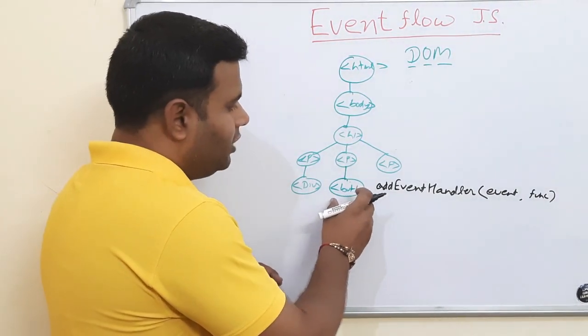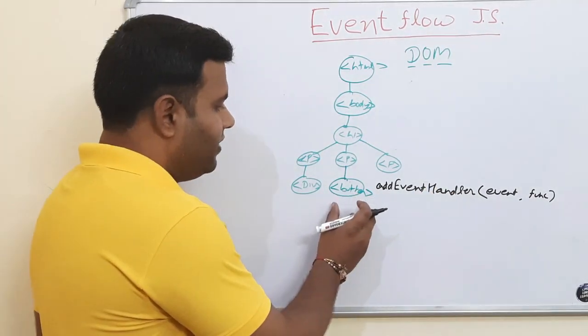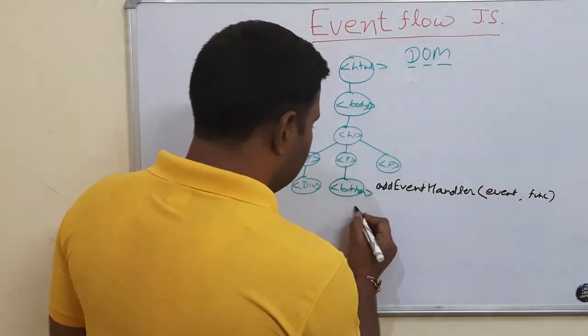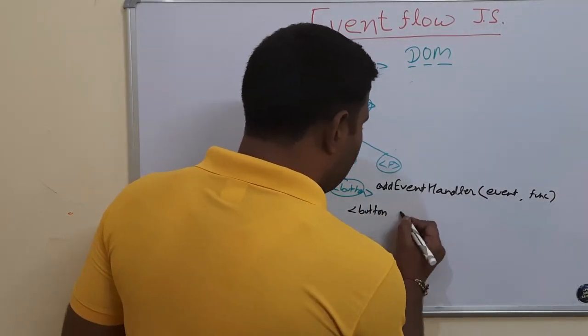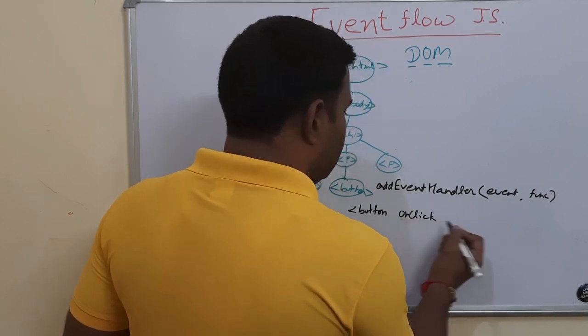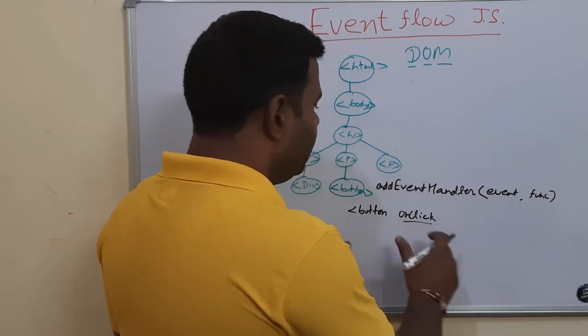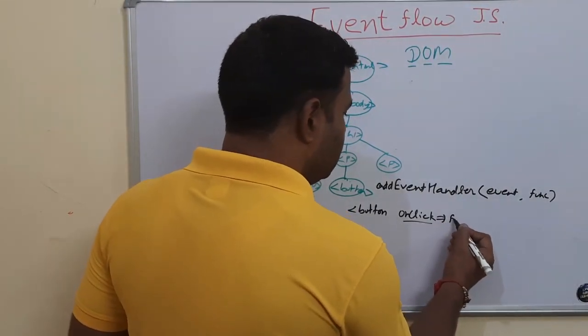On this element you can register an event handler. Basically when you write this button in HTML, you write this onclick, right? This is one of the event handlers, onclick, and what you have to do, and let's say this is a function, some function is there, right?